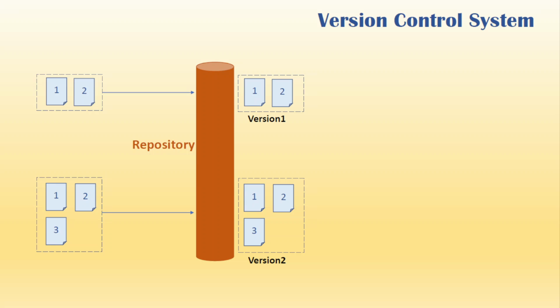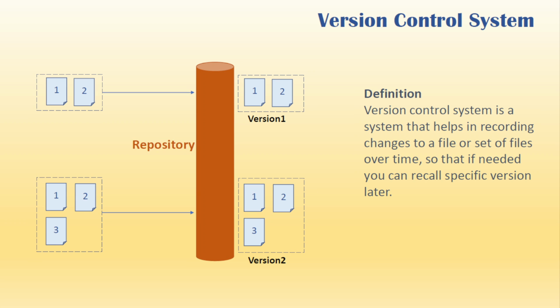Let's now understand the definition. A version control system is a system that helps in recording changes to a file or set of files over time, so that if needed, you can recall a specific version. If anything goes wrong, you can quickly recall your earlier version. That is the intention of using a version control system.